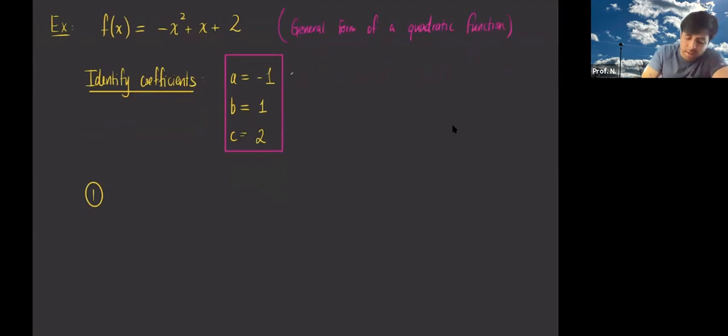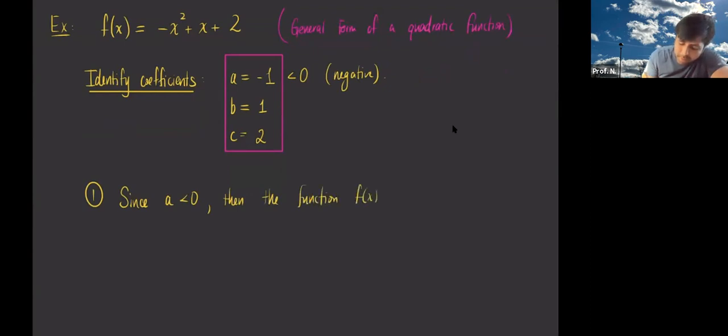So I'd say, since my A value is negative, the function f of x has a maximum value and its graph, which is the parabola, opens downward.